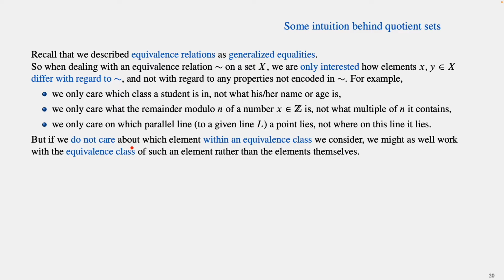So if we do not care about which element within an equivalence class we consider, we might as well work with the equivalence class itself, rather than working with the individual elements in that class.